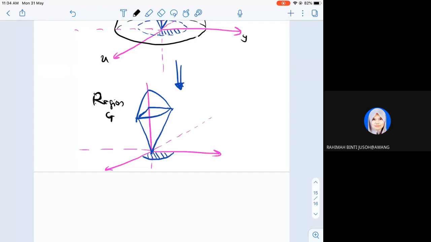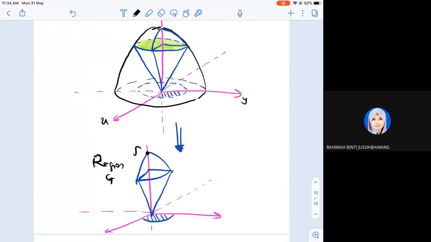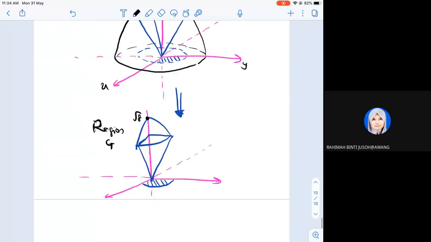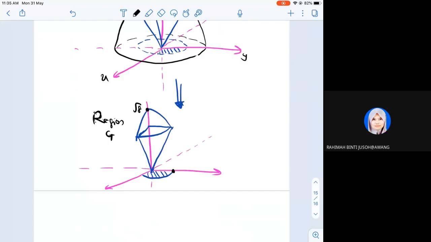So now let us convert this into spherical. We will have, okay, radius tadi dekat sini suppose rho equals to square root 8. So square root 8 lah. Okay. But the value here is 2.